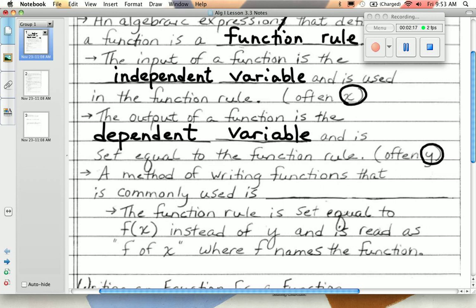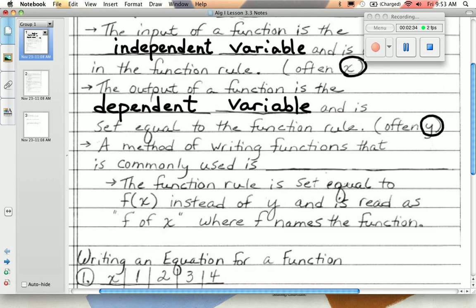So the function rule is on one side of the equation, the dependent variable is on the other side. What happens in the function rule spits out an output. It produces something that becomes our dependent variable, our y value.